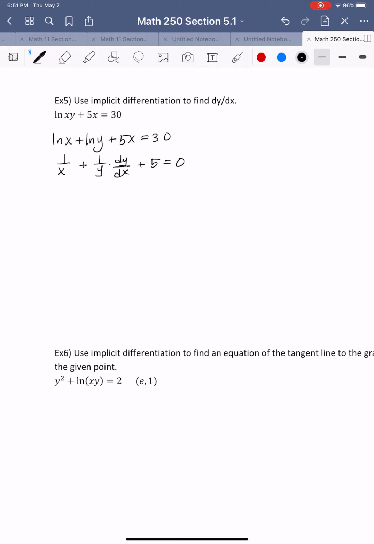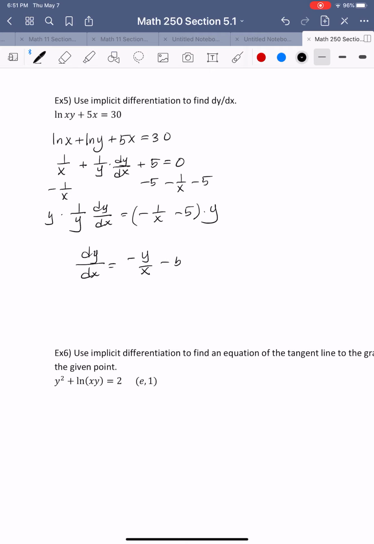Then we solve for dy/dx, so we subtract 1 over x on both sides and subtract the 5 on both sides. I get 1 over y times dy/dx equals negative 1 over x minus 5. Then multiply by y on both sides, and I get dy/dx equals negative y over x minus 5y.